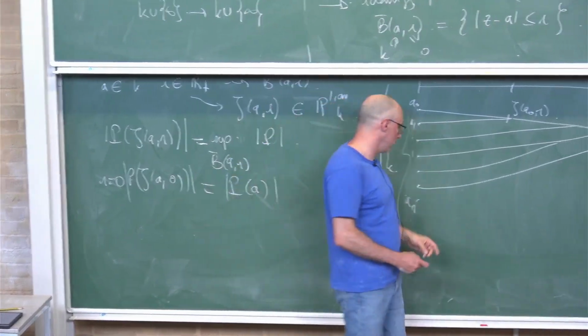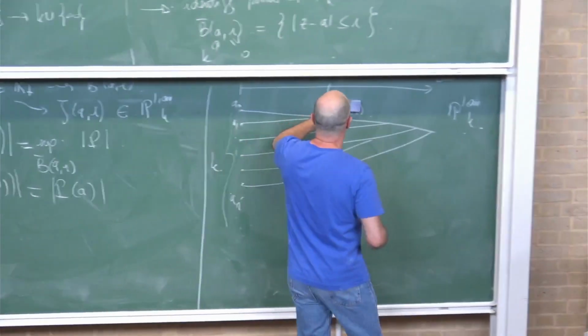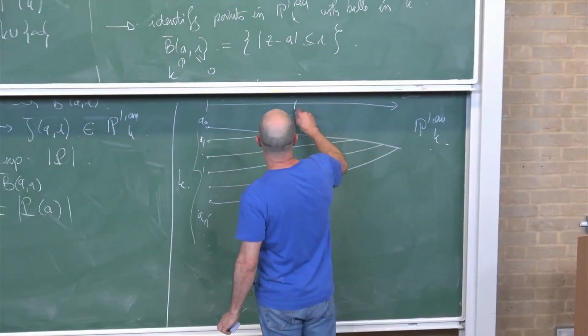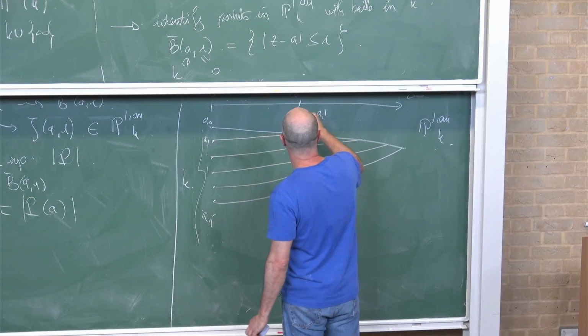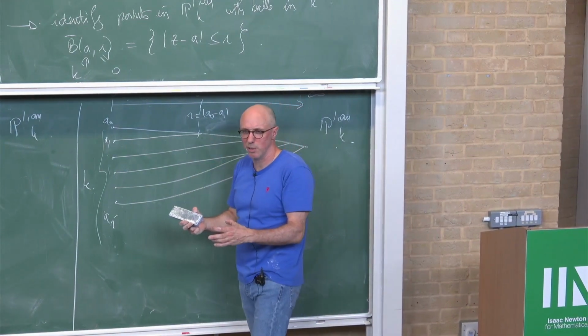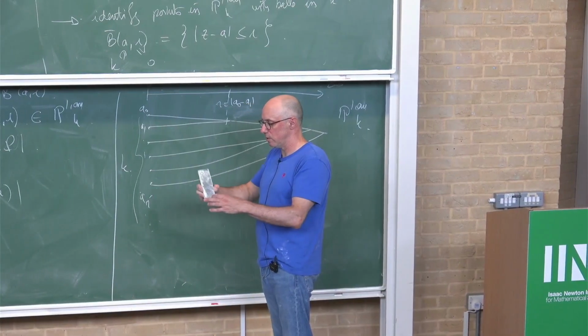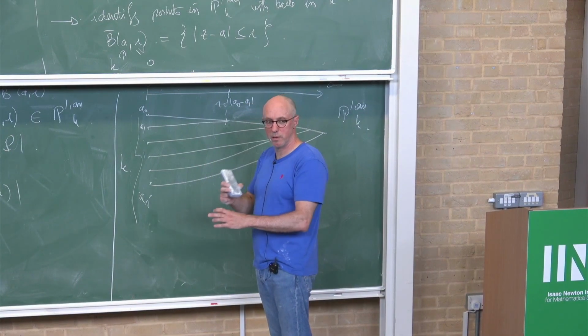But then at some point, for the radius R which is exactly the norm of A0 minus A1, the two balls, since you're in a non-Archimedean situation, two closed balls are either disjoint or one is included in the other.